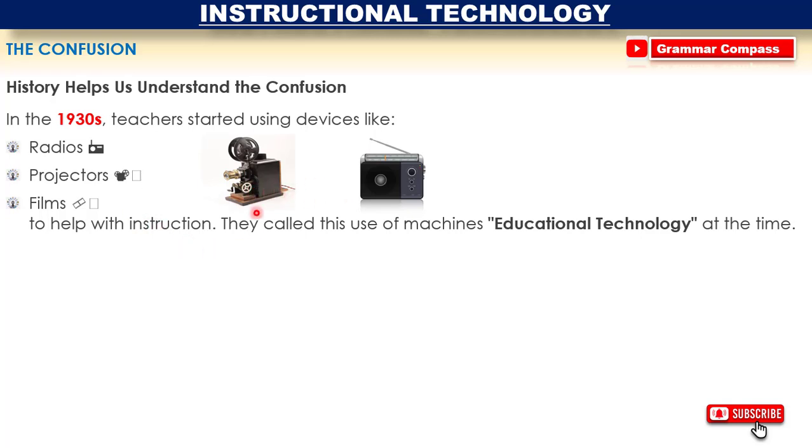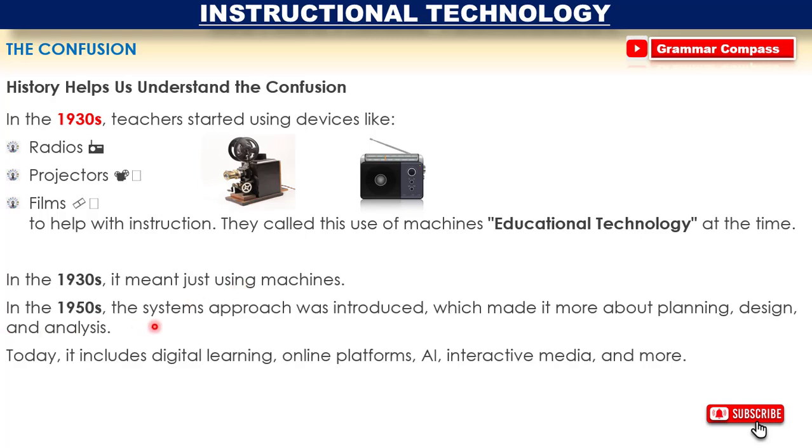However, that definition has evolved. In the 1950s, the systems approach was introduced, as we have discussed, and it made educational technology more about planning, design, and analysis instead of using machines in teaching and learning. But today, what do we know about educational technology?